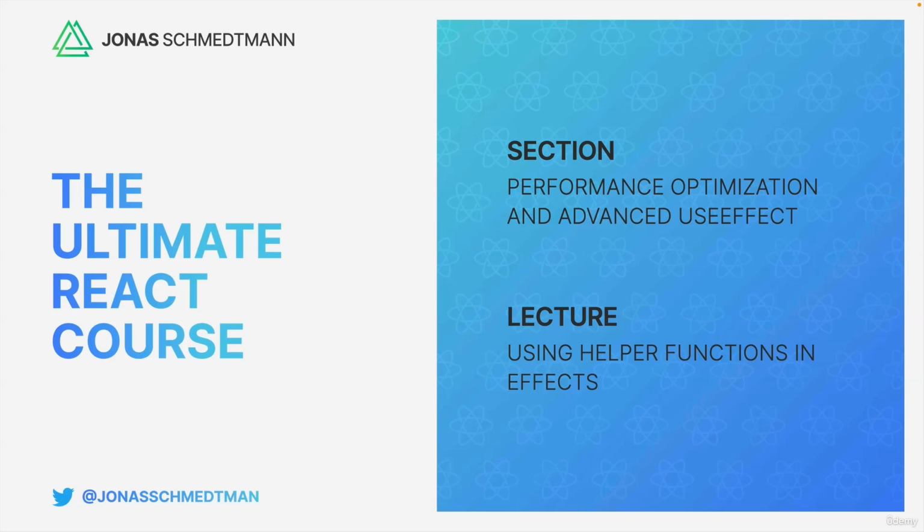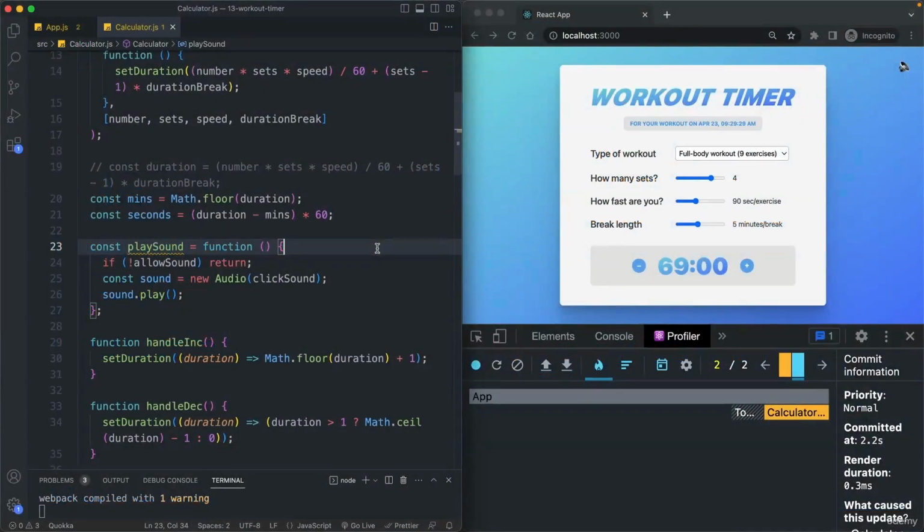In this video, we're gonna play a sound whenever the duration state changes. And this will bring up all kinds of interesting issues that we are gonna solve using the strategies that we have learned in the advanced useEffect lecture earlier. And I already created this function here to play a certain sound. And I think it's pretty interesting.